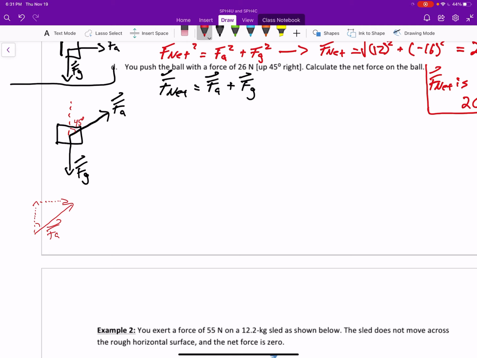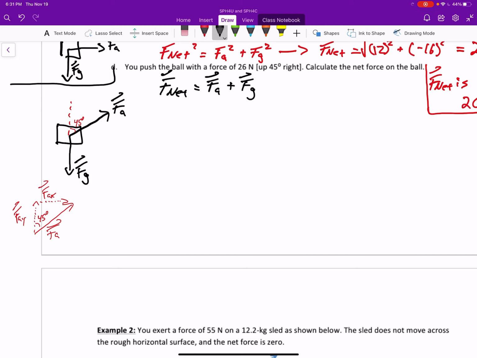Angle in between these is 45. Now, I usually do it from the horizontal, but the question told us from the vertical, so let's just do that. You could always just flip it, right? 90 minus 45 to do the horizontal if you wanted, but I'll show you another way just to keep life interesting. So this is the component of the applied force in the y direction, and this is the component of the applied force in the x direction.